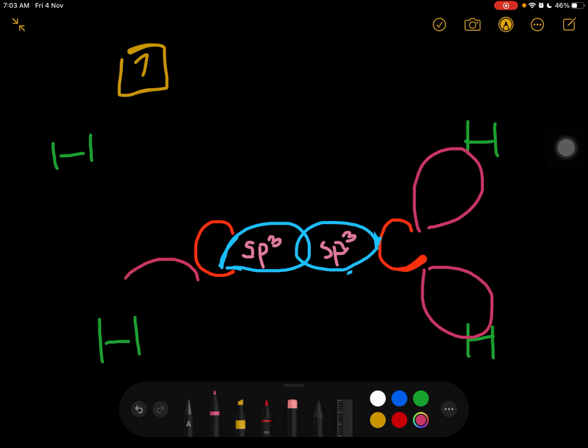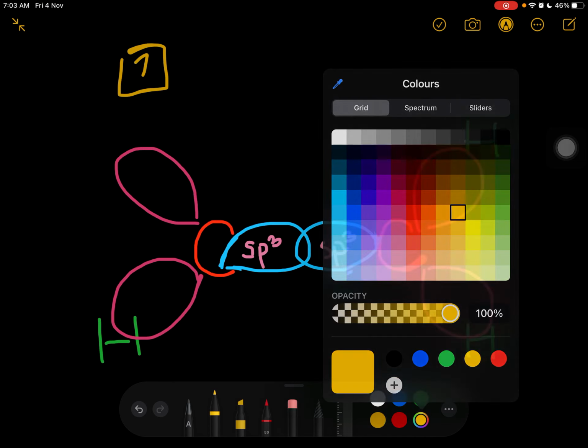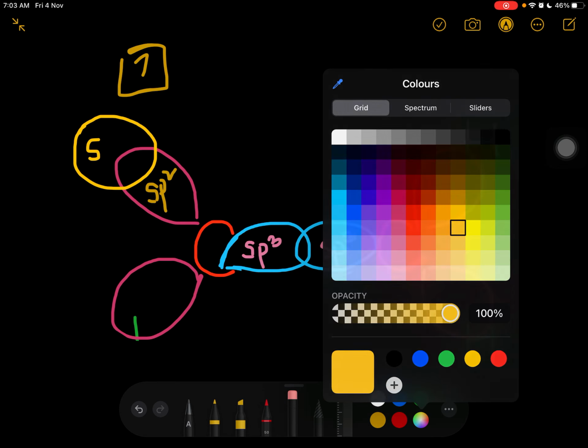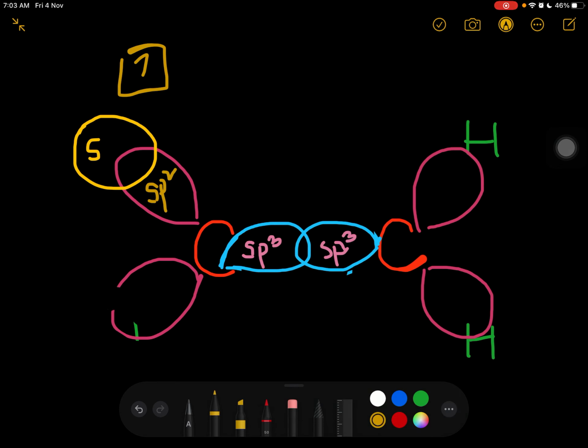The s orbital of hydrogen will combine with the sp2 orbital of carbon. Here it is s, and here sp2.